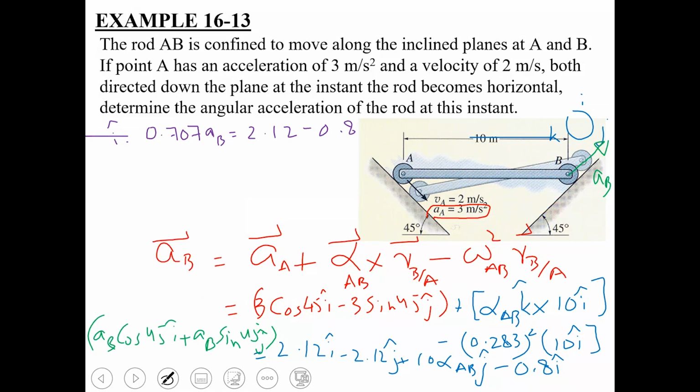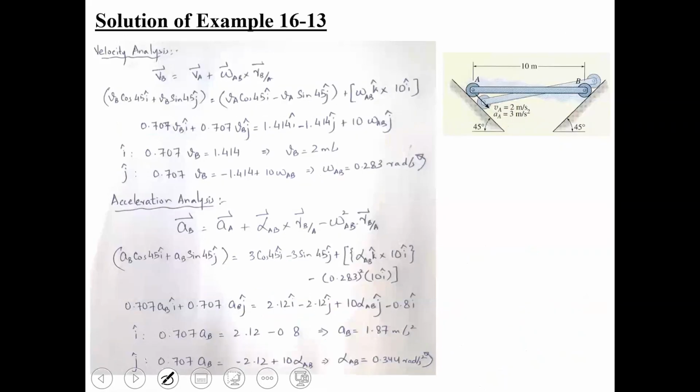When you write the j coefficients equation, on the left hand side 0.707 AB should be equal to -2.12 plus 10 alpha AB. ये आपके पास दो equations आ जाएंगी by comparing the i and j coefficients on both sides. Once you solve it, the value of AB comes out to be 1.87 meter per second square, and accordingly the value of alpha comes out to be 0.344 radians per second square.